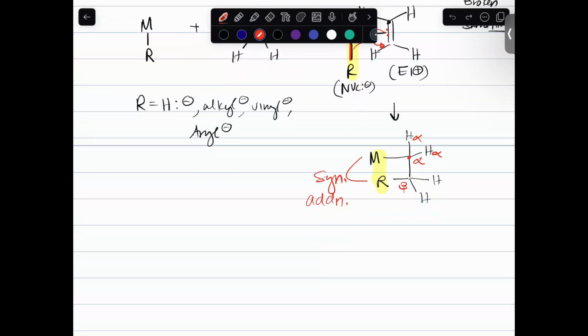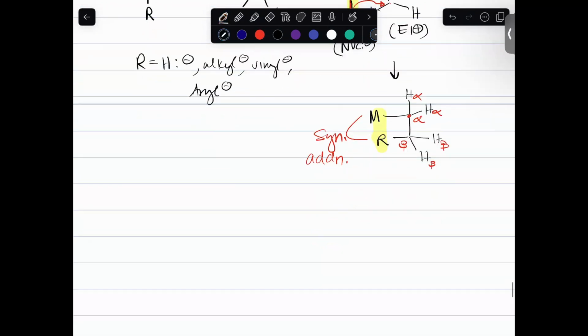Oh, excuse me. So this must be my beta hydrogens. You do need to know that terminology. Carbon bonded to metal, alpha. Right next door is my beta carbon with its beta hydrogens. Okay, we'll be using that a lot. So let me show you an example of this.